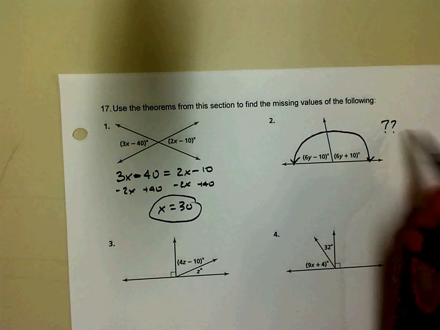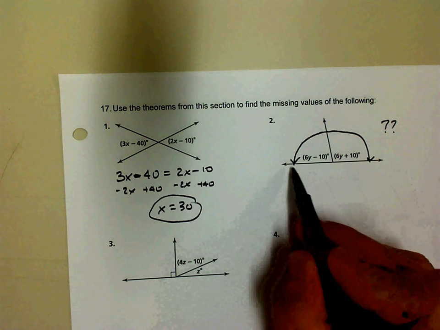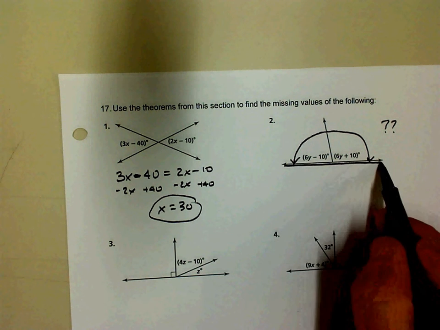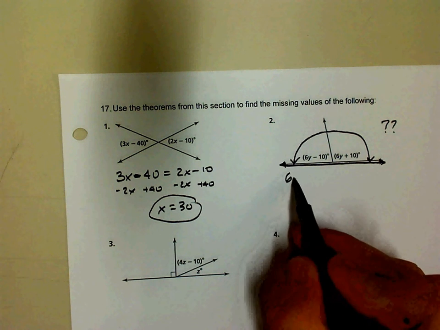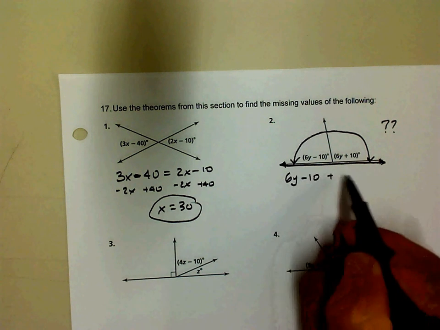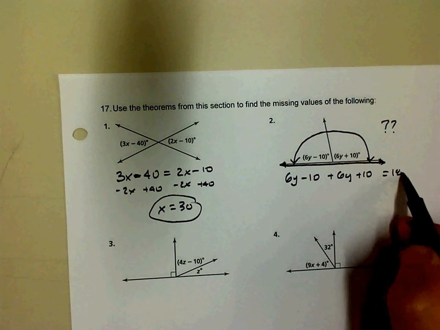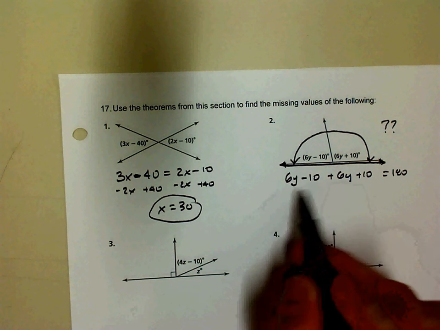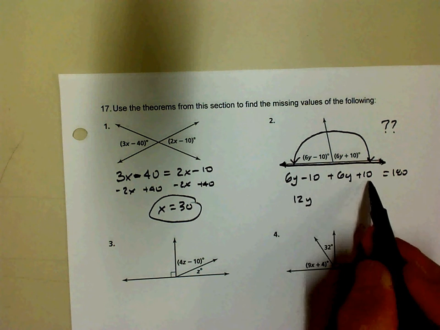But from the diagram, we know that their sum is going to be 180 degrees, which would mean 6y minus 10 plus the 6y plus 10 equals 180 degrees. Add those together. This would be 12y, negative 10 and 10 give us 0, equals 180 degrees.